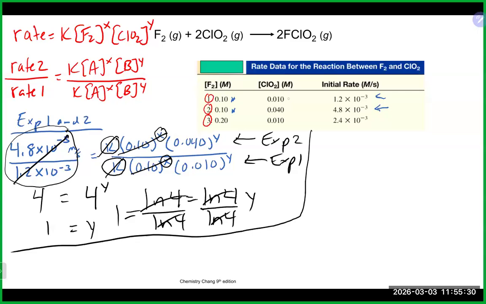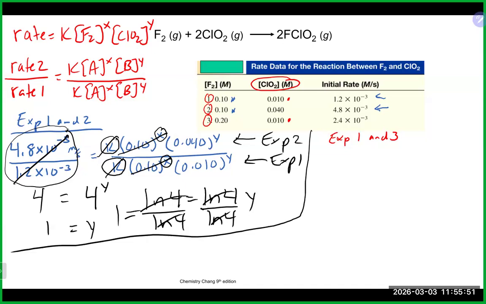If you look at the table, you could achieve that with experiment 1 and experiment 3, which will keep the other reactant constant and vary the F2. So the next one I'm going to look at is experiments 1 and 3. Again, that's going to keep this one constant and vary the other one.